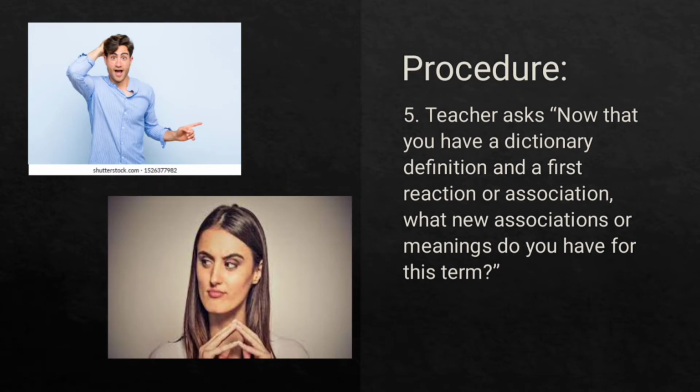Procedure number 5. Teacher asks, now that you have a dictionary definition and first reaction or association, what new associations or meanings do you have for this term? So since all the students collected the information or even the thoughts of their other classmates about the meaning or definition of that word, this time, teacher will ask the students, according to the information that you have gathered, what do you think the definition of the word that I gave to you?